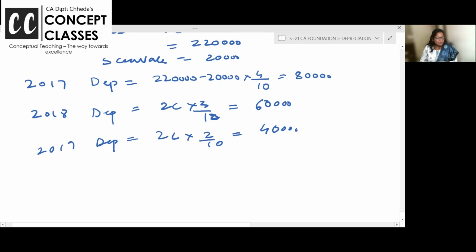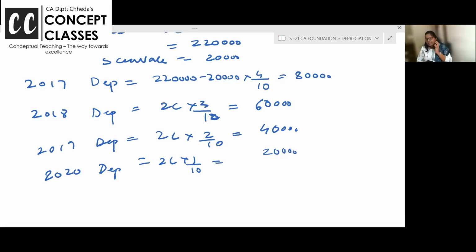Chalo. So are you getting this depreciation? And the last fourth year 2020, the depreciation is going to be 2 lakh into 1 by 10. That will come to 20,000. So here charging the depreciation, 2 lakh total भी अगर आप कर लो और 2 lakh ही तो करना है, 20,000 तो scrap value you are going to get. Simple accounts they have asked to prepare that we are not preparing.